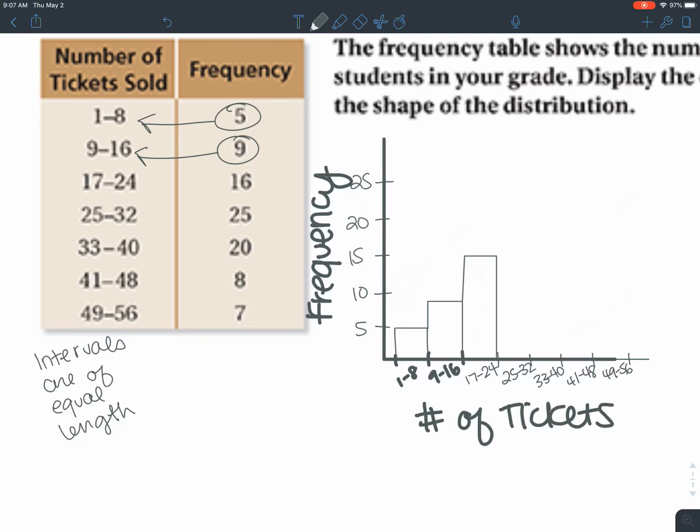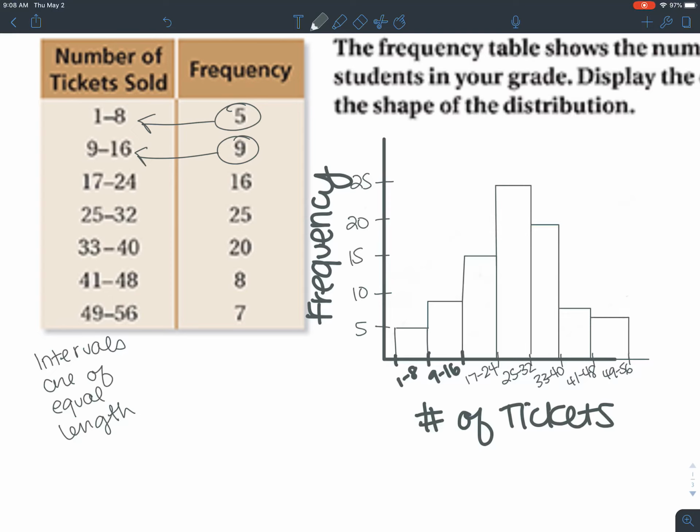Connect and connect. 25 is the next one. 20 is the next one. 8 in this next one. And then 7 in that last one.